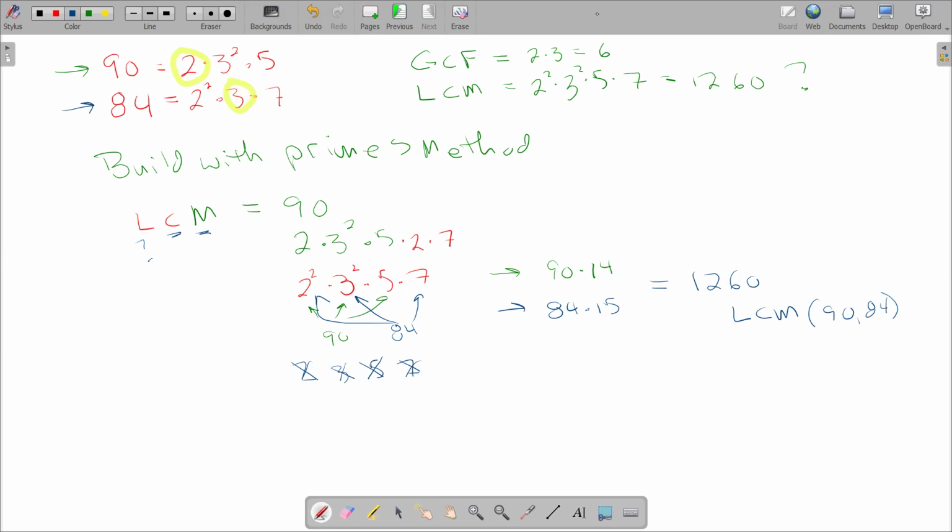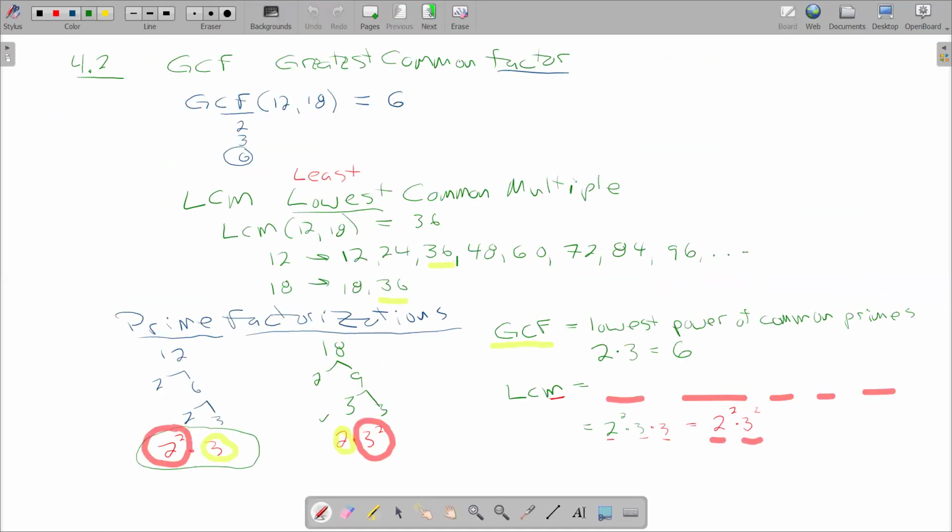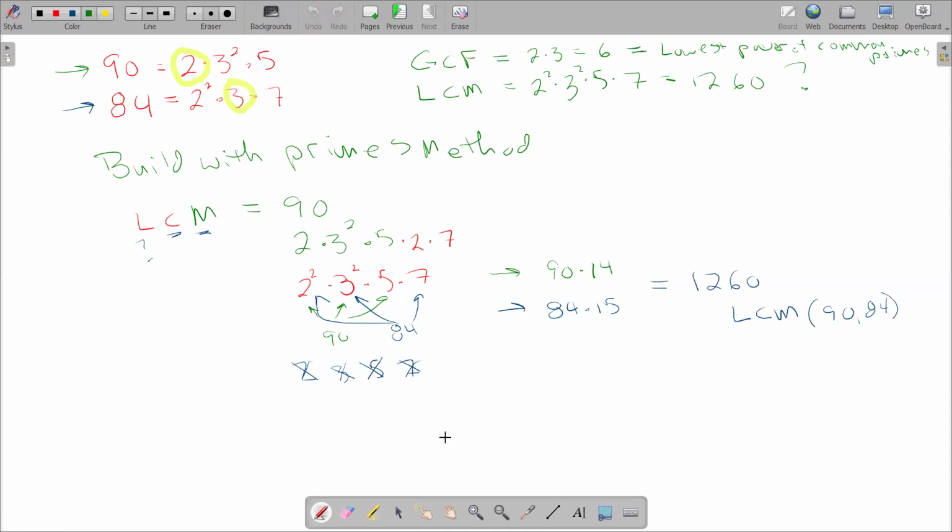Okay, so what did the GCF select again? The GCF selected, from our previous work, the lowest power of the common primes. What's left over? Let's use a green highlighter. What did we use last time? Last time we used a red highlighter, okay, to identify what was left behind.